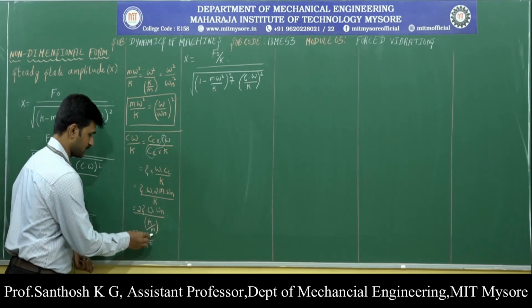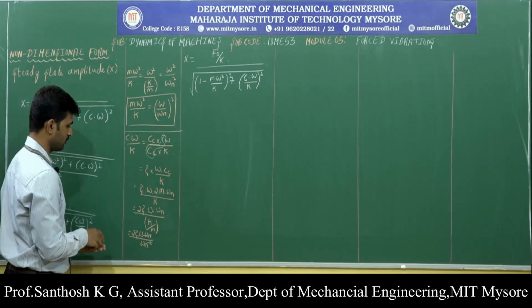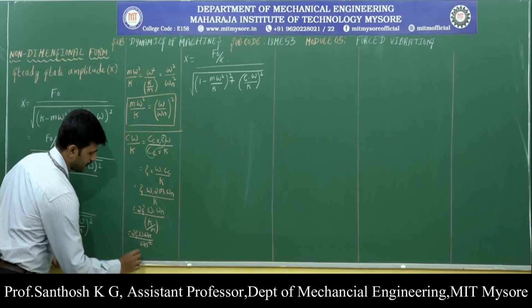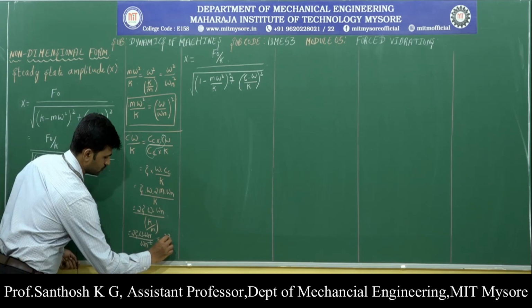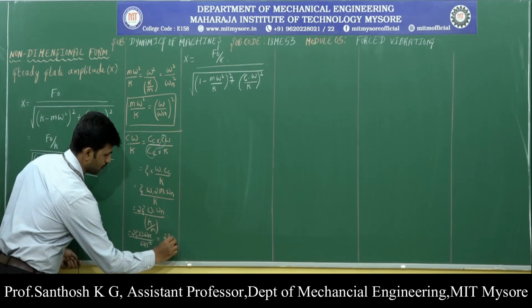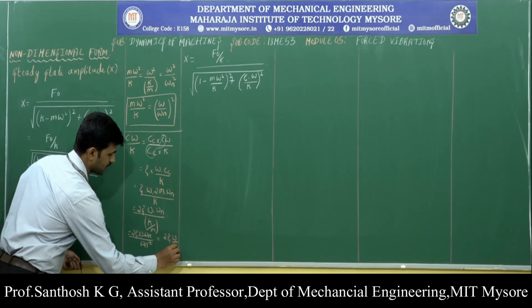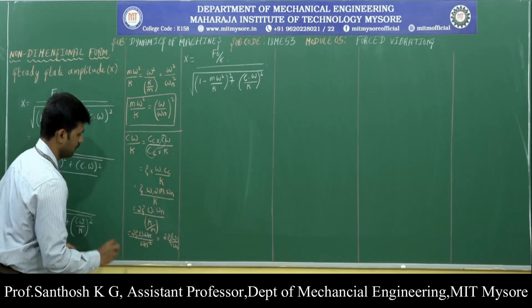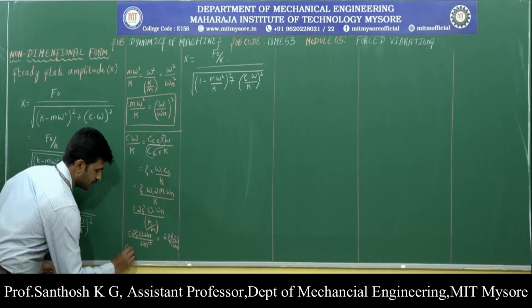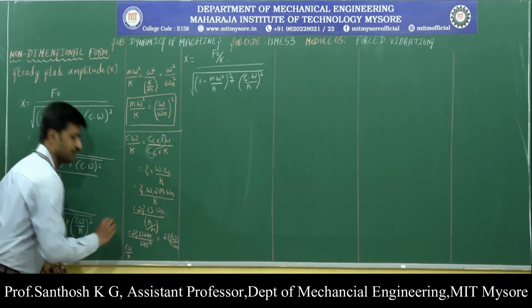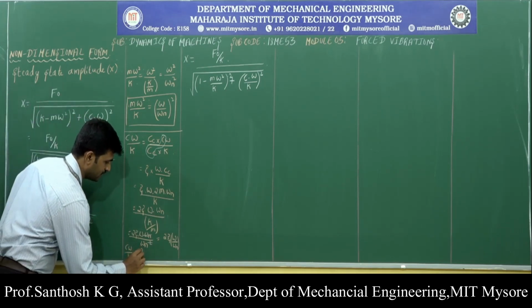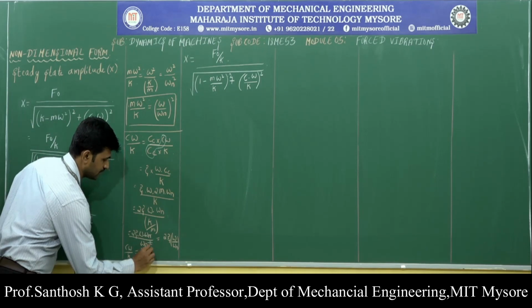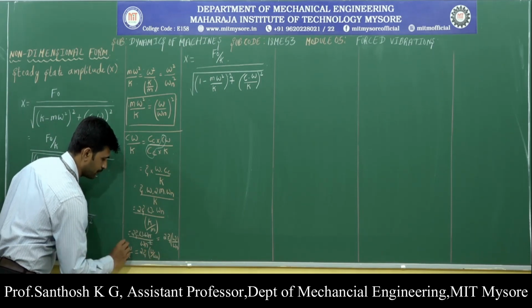So this square and this omega n will cancel out, and I will be left with 2 zeta omega divided by omega n. Therefore, wherever I have the term c omega divided by k, I can write 2 times zeta into omega divided by omega n.